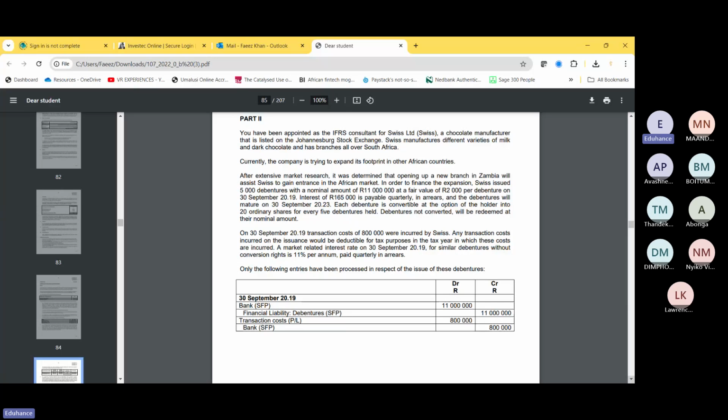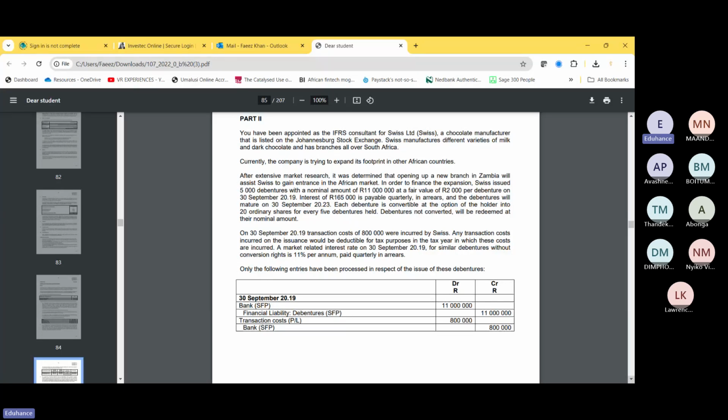Now, I just want to stop there. There's lots of stuff happening in that sentence. You need to identify who you are, which side of the coin. Are you on the asset side or the liability side? So what's happening over here? You are issuing, so you are getting money and giving someone a piece of paper, which is the debenture.